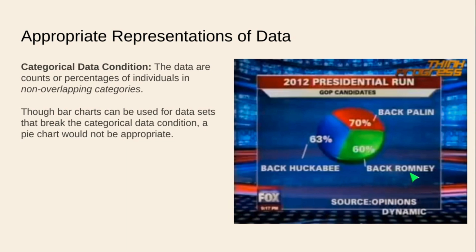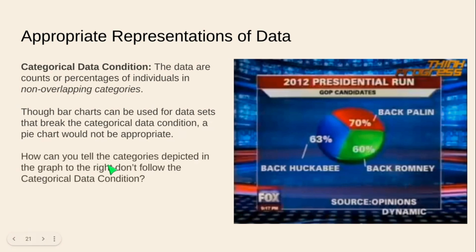You could, in theory, back Romney and Huckabee, all three, only one, or none of the above. But a pie chart is not good for this scenario because it adds up to more than 100%, and the idea of part-to-whole analysis is ruined because apparently the whole is 193% or something like that, which the whole should add up to 100%, not something bigger than 100%.